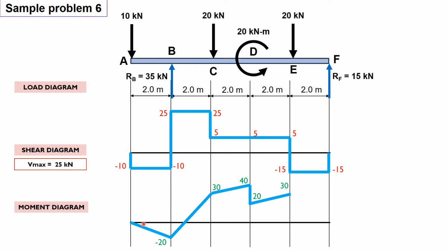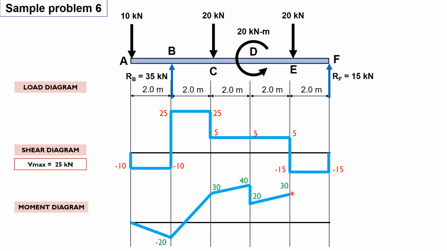So again, from 0, then minus 20, plus 50, plus 10, plus minus 20, plus 10 is 30. And then, if you will go to F, kailangan mag-close sa 0 yan.